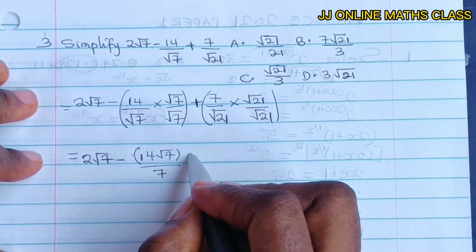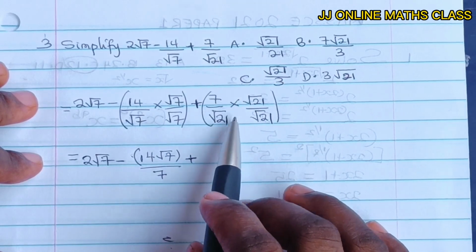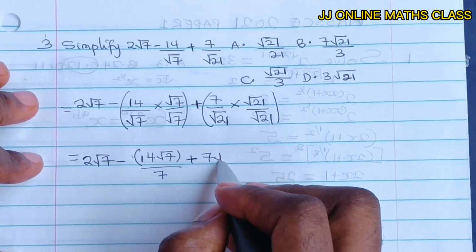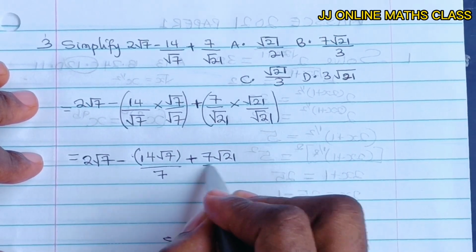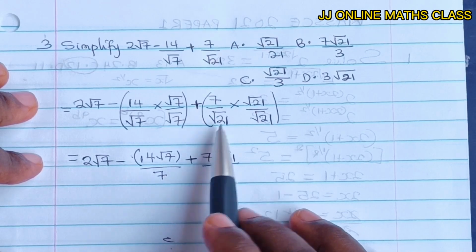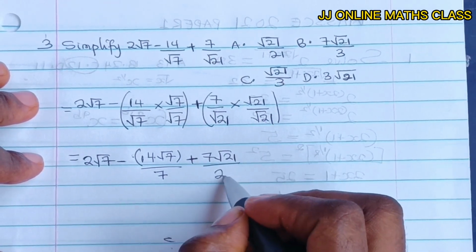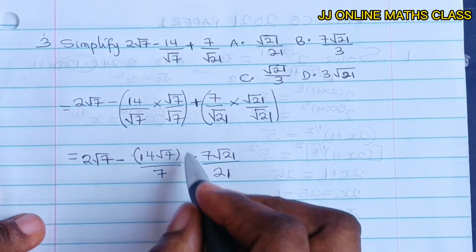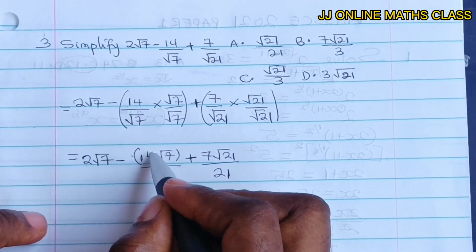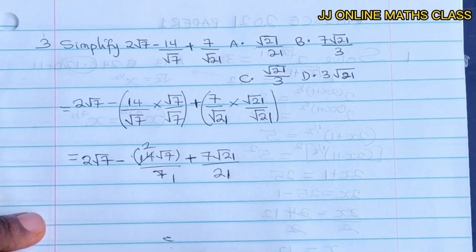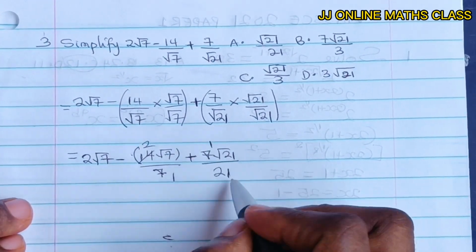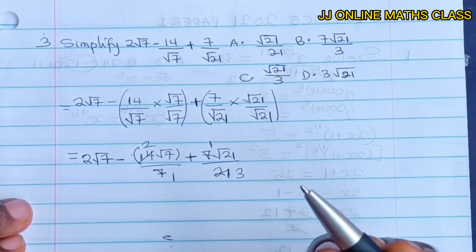Okay, plus 7 times root 21 will give you 7 root 21 over root 21 times root 21 will give you 21. Alright, in this case 7 divided by itself is 1. If we divide 14 we have 2. That means here also 7 divided by itself is 1, if we divide 21 we have 3.